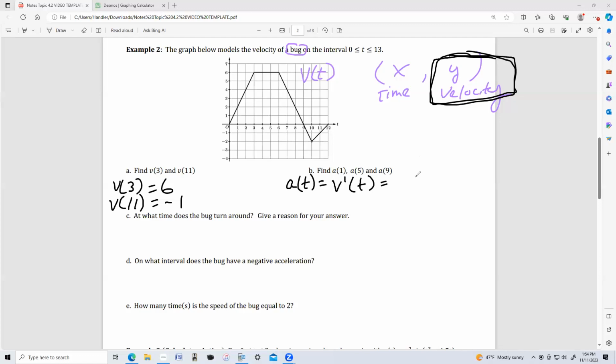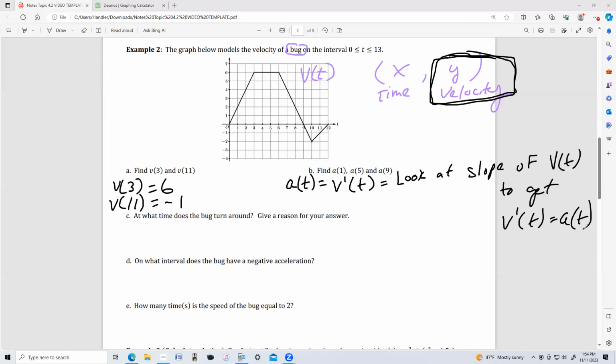So I'm just going to put in English here: we need to look at the slope of v to get v prime, which is also known as acceleration. If v is the velocity, which is literally the y coordinates, v prime is the slope of the velocity graph. So to find a of 1, a of 5, a of 9, we have to look at the slopes of the velocity graph.